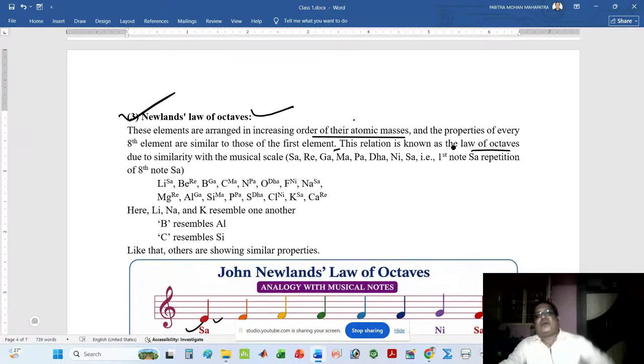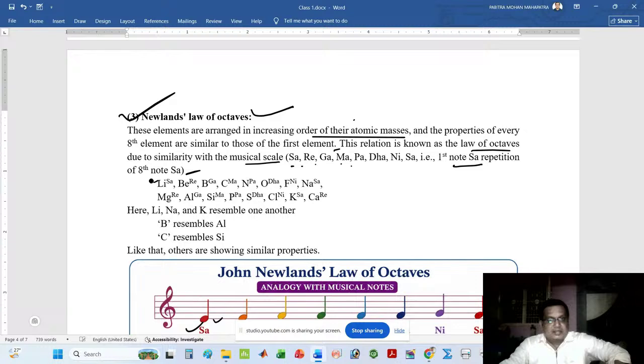Why is this called the law of octaves? Because of similarity with the musical scale. What? Sa, re, ga, ma, pa, dha, ni, sa. First note is sa. Eighth note is also sa. Think about this.